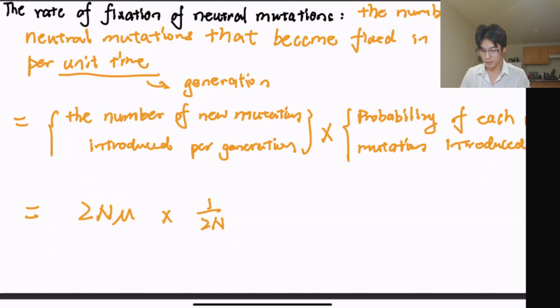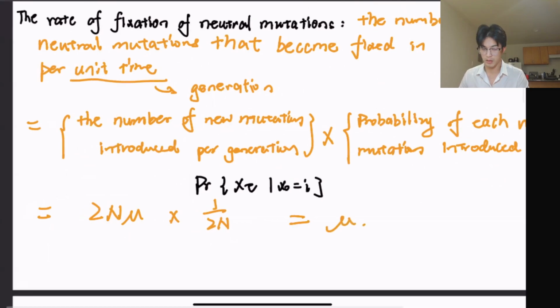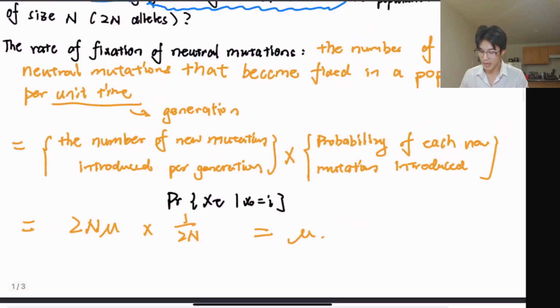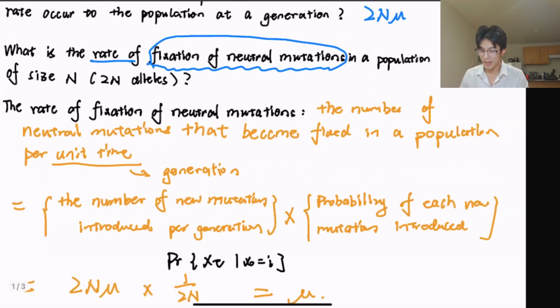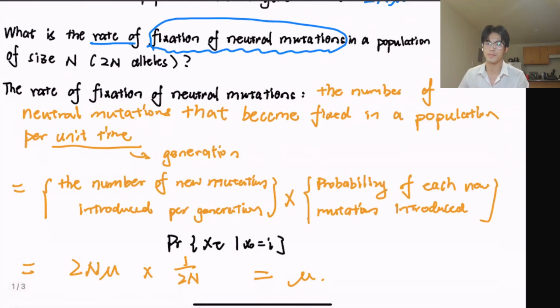Remember, this is just a probability, the same as the probability of x tau given x0 equals 1. And therefore, we actually get mu. The rate of fixation of neutral mutations in a population of size n is actually just mu.